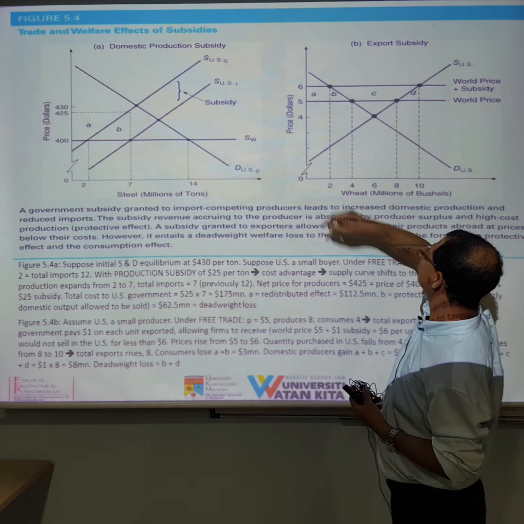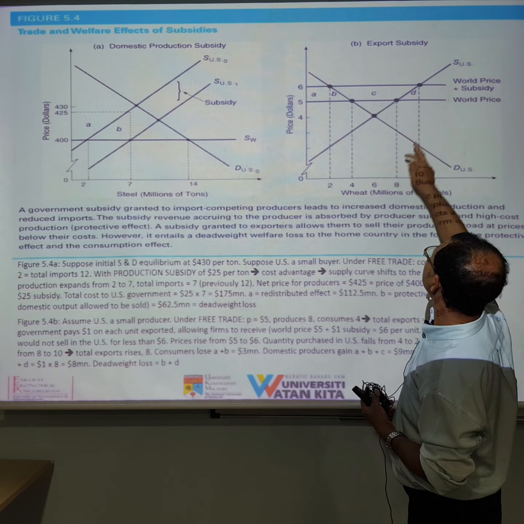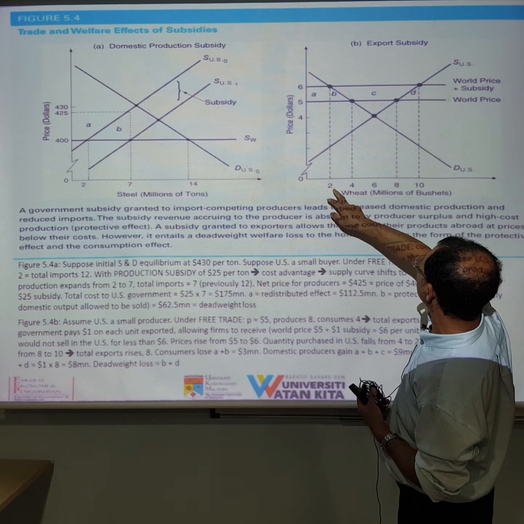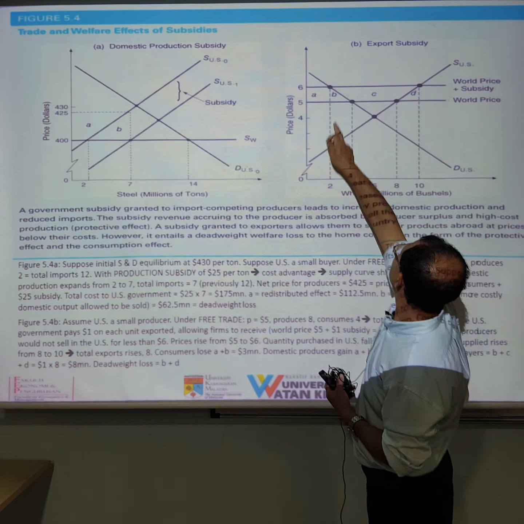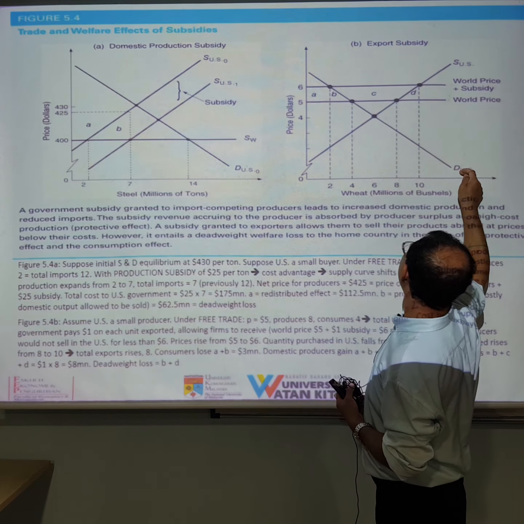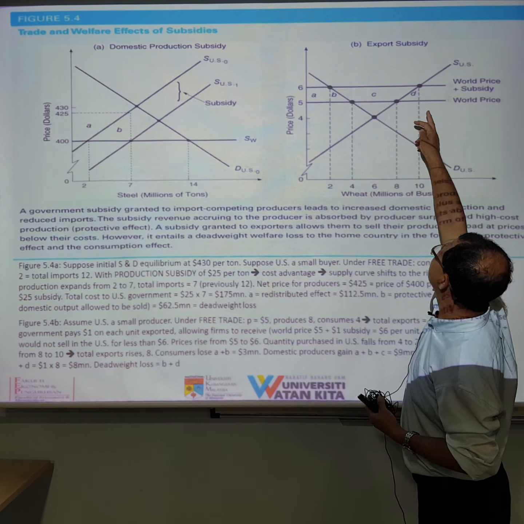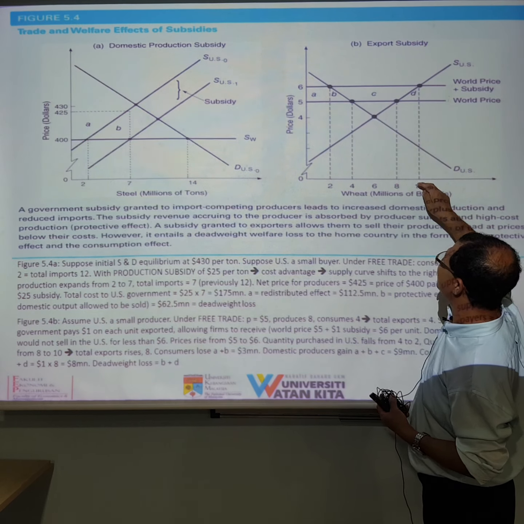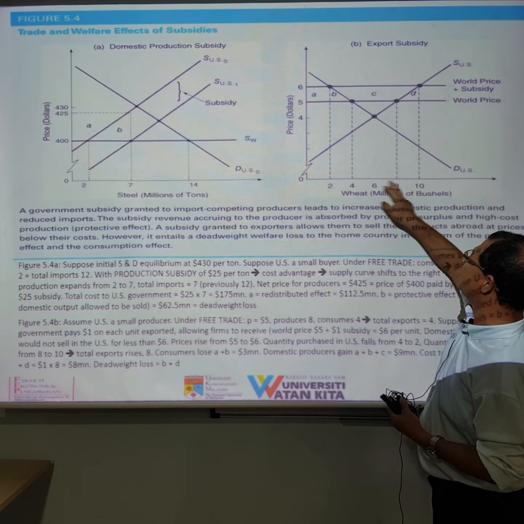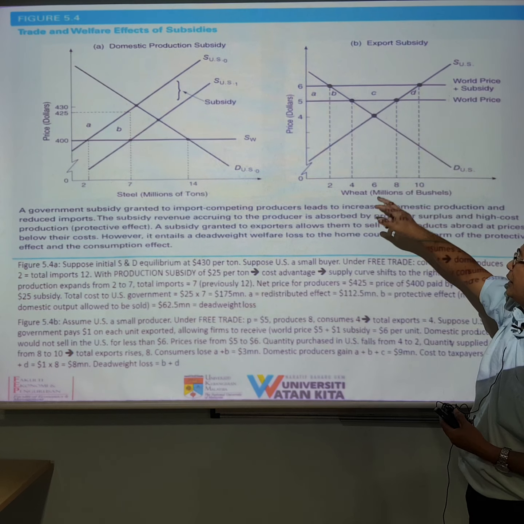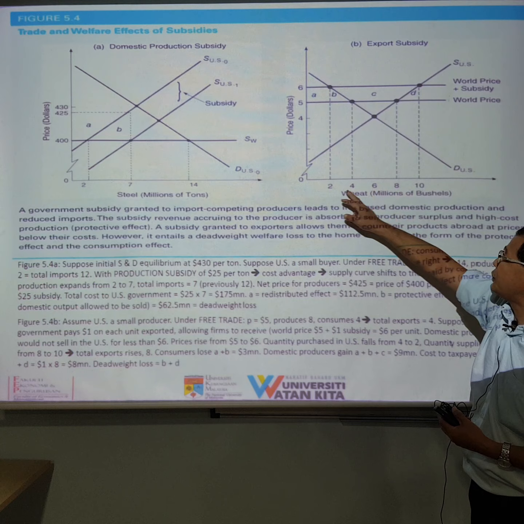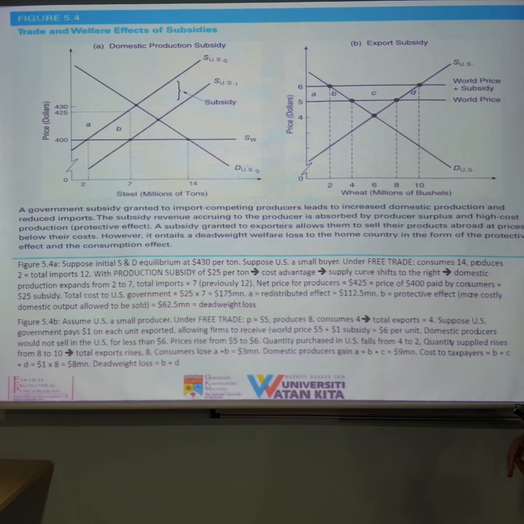Previously only 4, now consumption is 2 only, from the demand curve, and supply, production, is 10. So 8 is now the total export. It has increased from 4 to 8.